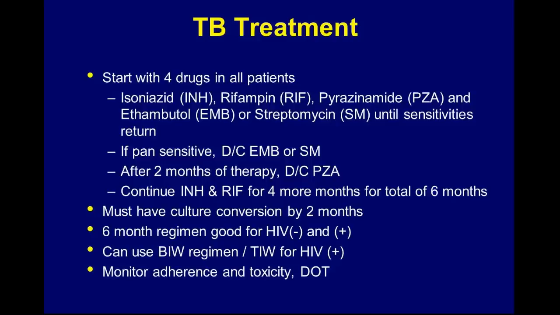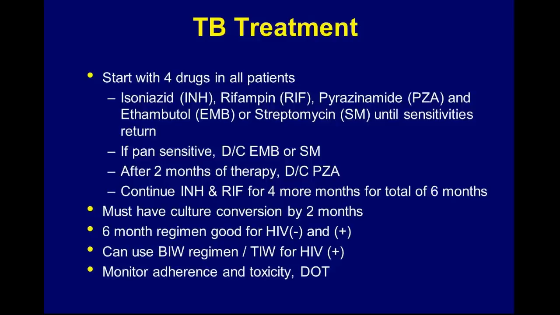After 8 weeks of treatment, hopefully you will have back your cultures, because that's how long it takes for the cultures to grow. Based on the sensitivities, you will be able to discontinue the pyrazinamide and ethambutol, and for 4 months continue with just INH and rifampin. The whole treatment lasts 6 months, and the patient is cured.